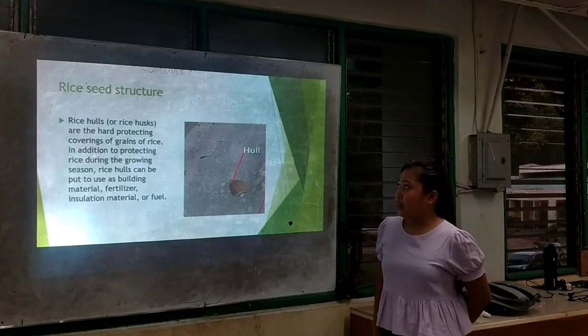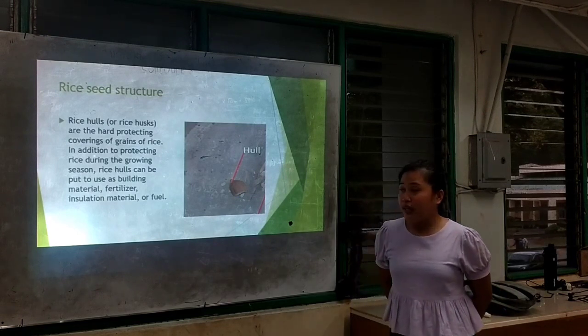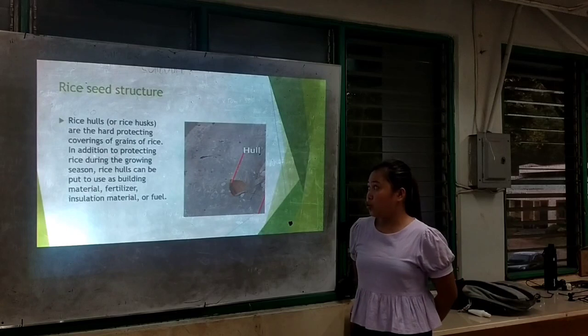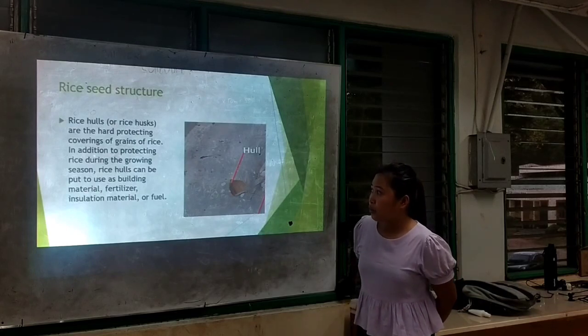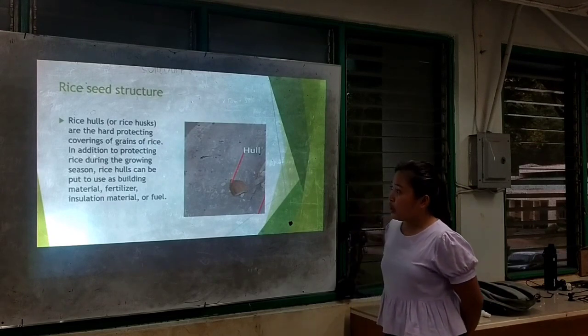Rice hulls or rice husks are the hard protective coverings of grains of rice. In addition to protecting rice during the growing season, rice hulls can be put to use as building material, fertilizer, insulation material, or fuel.